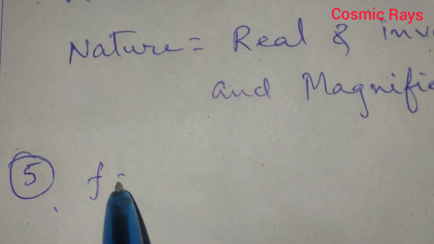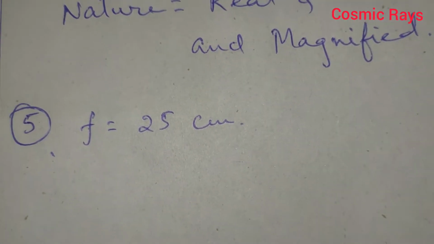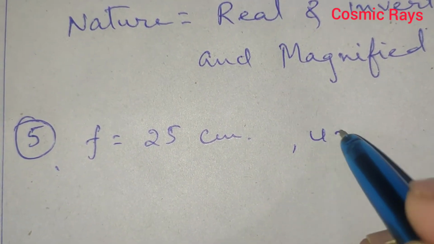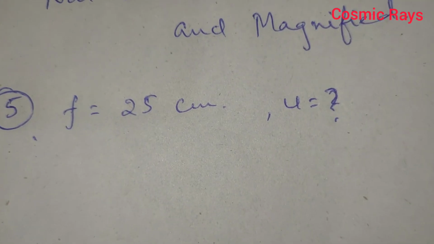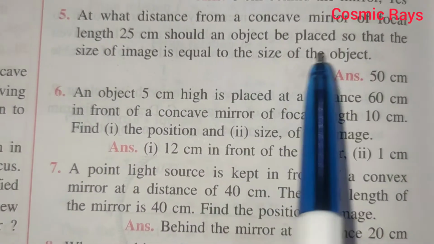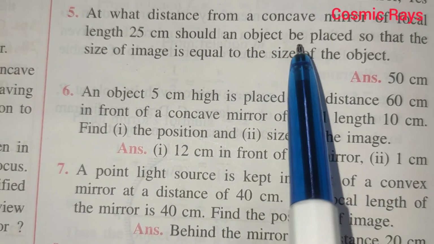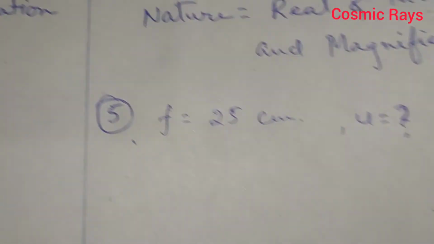Here they have given us the focal length, that is 25 centimeter. We have to find out at what distance the object should be placed so that the size of the image is equal to the size of the object.